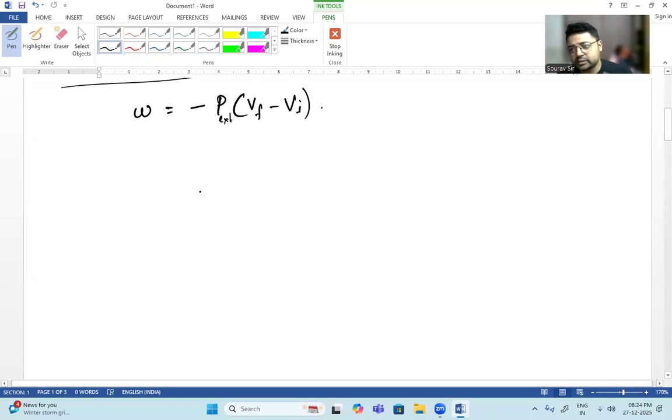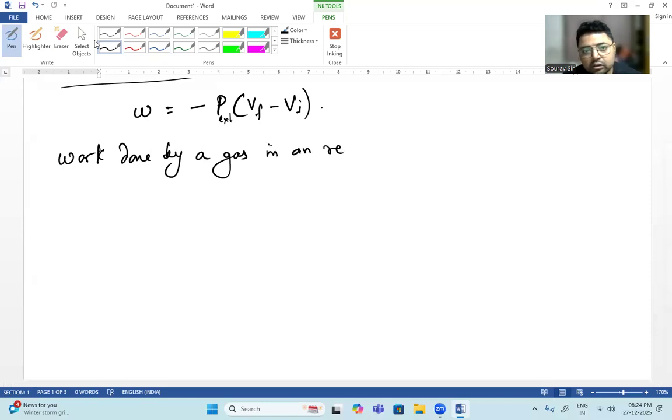Next, we will understand the work done by an ideal gas in an isothermal reversible process.